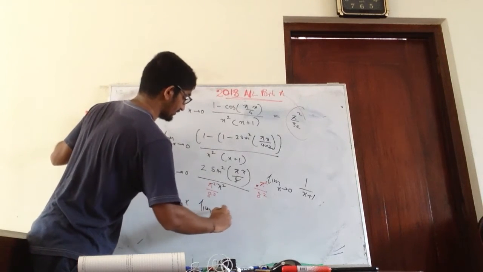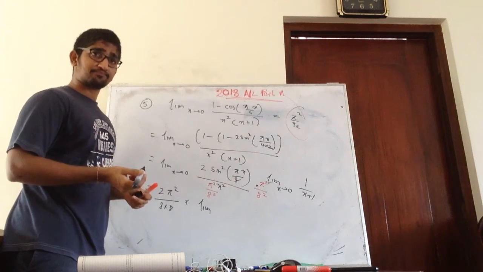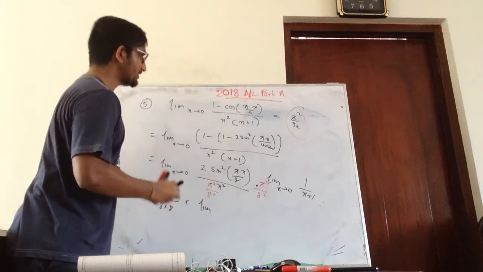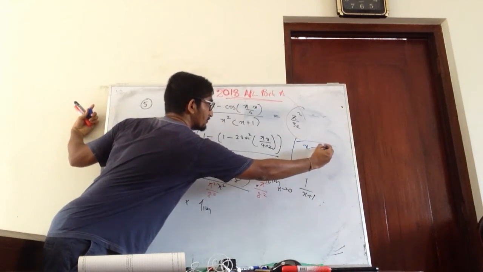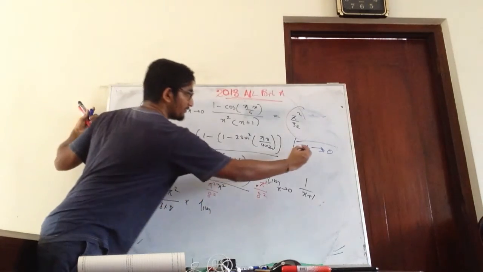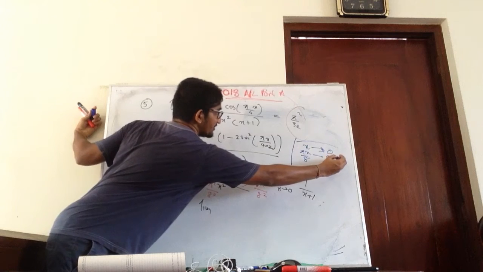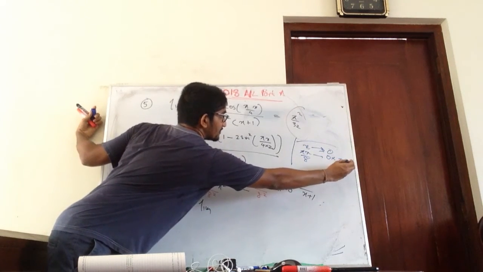So this will be times the limit. Now I'm going to change the limit as well. Right? I need to change the limit now. So I have this thing as x goes to 0. Now I need the limit for 5x over 2, that means I am going to multiply this by 5 over 2. So that is what? That is 0.